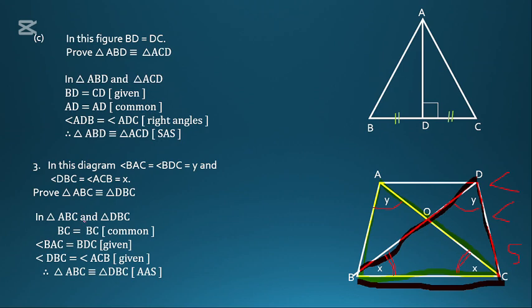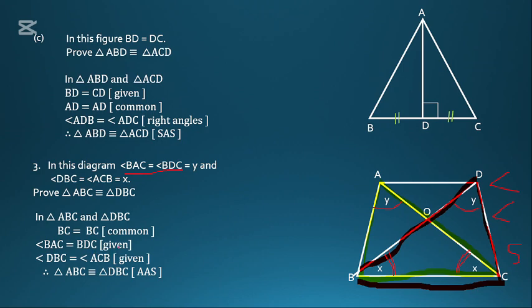In triangle ABC and triangle DBC, BC is equal to BC over here, and that's common. Then we have angle BAC is equal to angle BDC. Now where's BAC? BAC is over here, so it's actually given to you there.